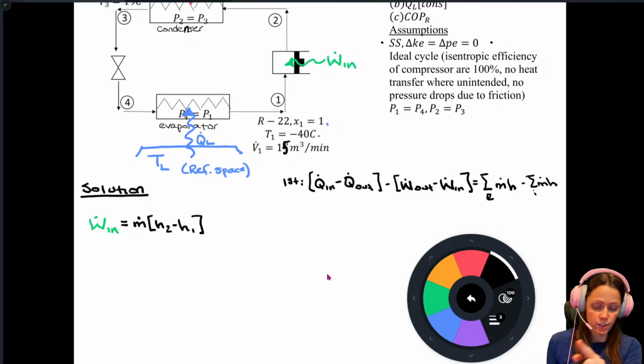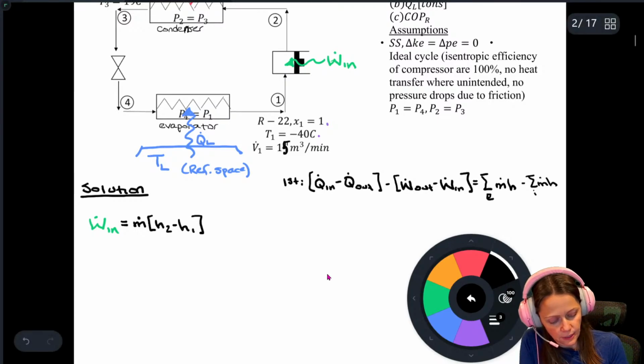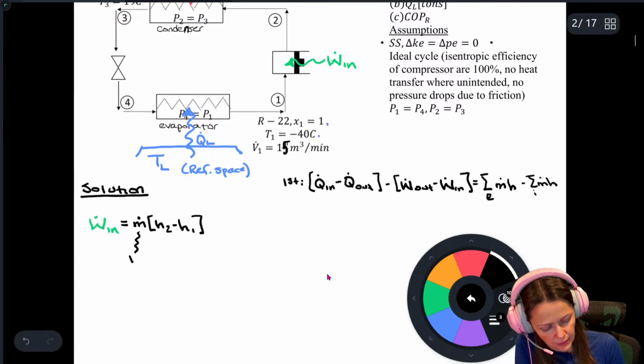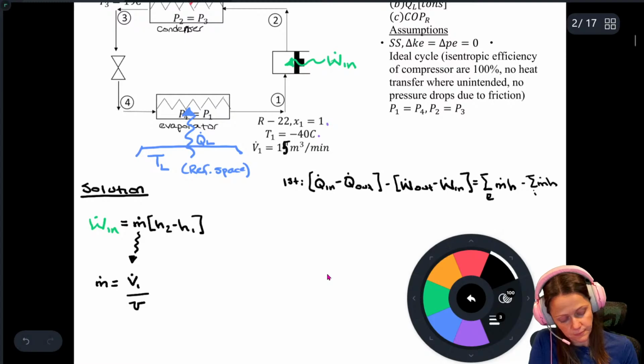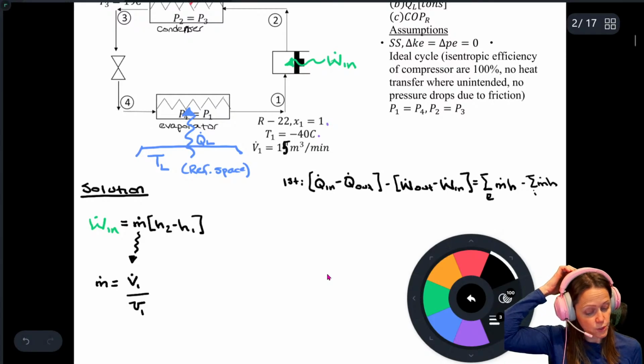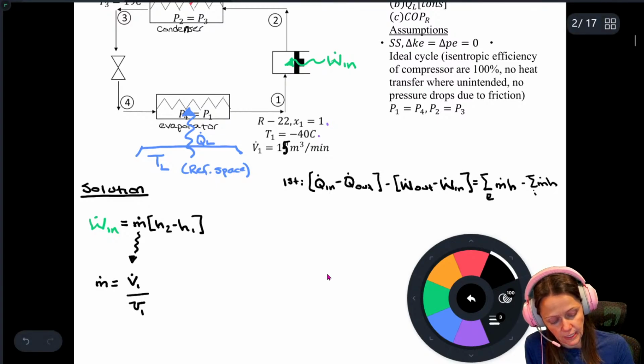No, it's the same. 1, 2, 3, 4, they're all the same. So the only thing I've got to get is the mass flow rate. I can calculate that based off of my volumetric flow rate at state 1, so that's 15 meters cubed per minute. I will need to get v1, and I also need to get h1 and h2.